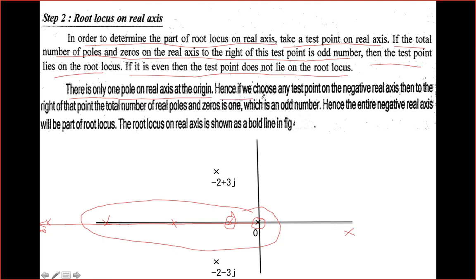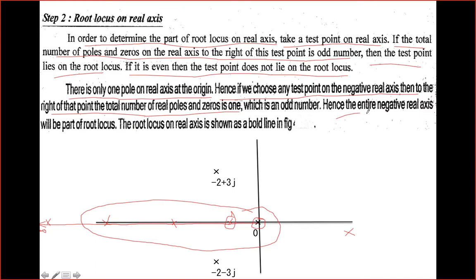Hence we choose any point, any test point on the negative real axis, then to the right of the point total number of real poles and zeros is 1. Whatever may be the situation or whatever may be the test point on the real axis, when you are counting number of real poles and real zeros, there is actually only 1. So it's an odd number.